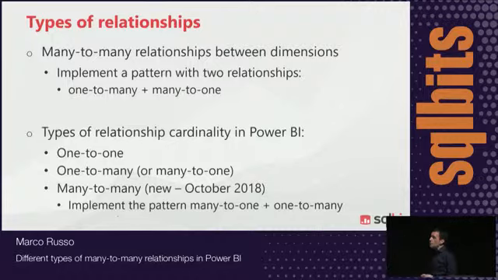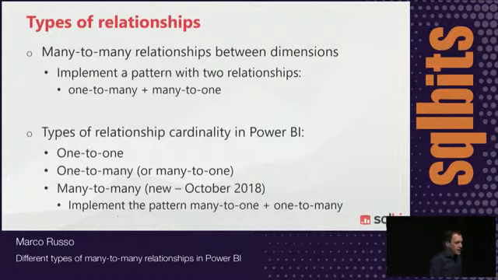So we will start with the many-to-many relationships between dimensions, which is what we usually, in the business intelligence world for many years, have always assumed to be the only many-to-many relationship that we can have. Many-to-many relationships between business entities, customers and accounts is the example I will show you in a few minutes. And we will see other types of relationships that we have in Power BI that actually manage the cardinality of the relationship, which is a different thing.